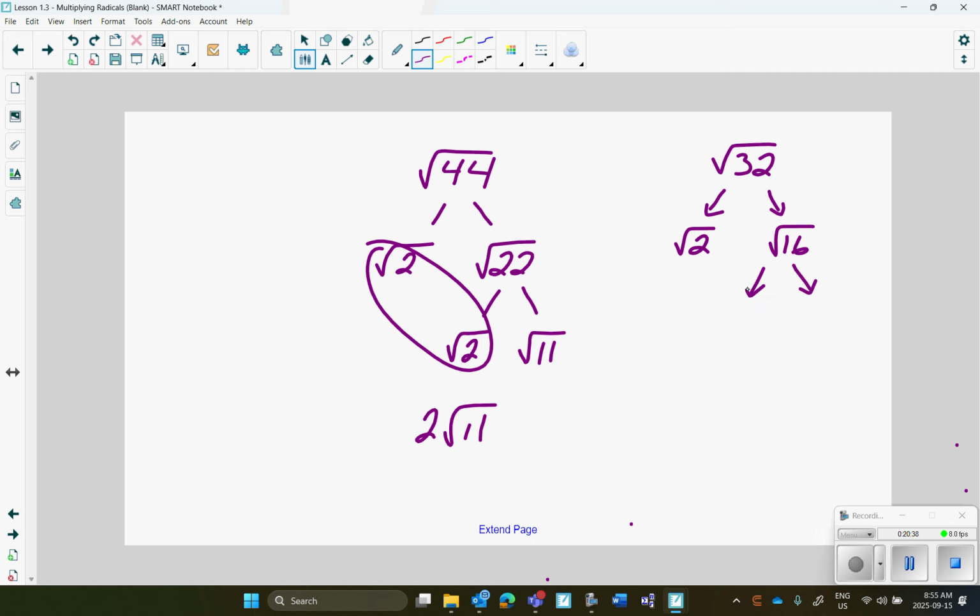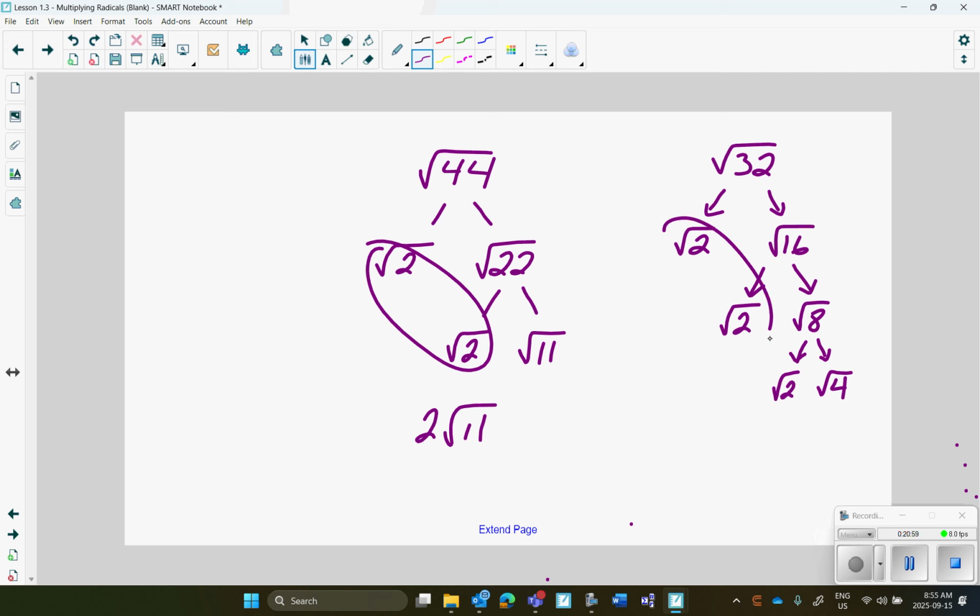Can't do anything with root 2. I can go root 2 again, and it's root 8. Can't do anything with this, but I can go again here. Root 2 times root 4.